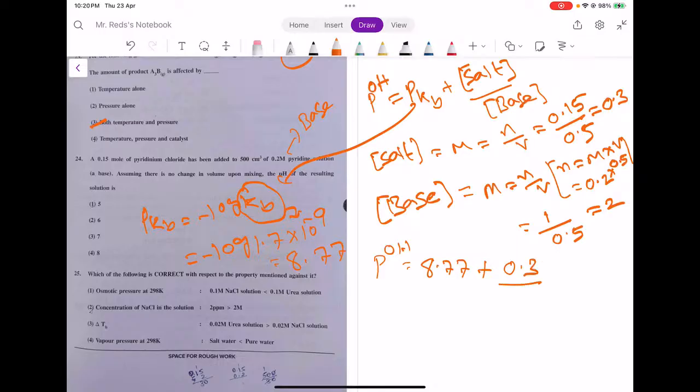Salt is here 0.3 by 0.2, because of 1 into 10 power minus 2. Okay, this is 0.2.